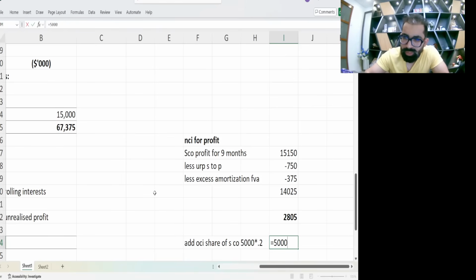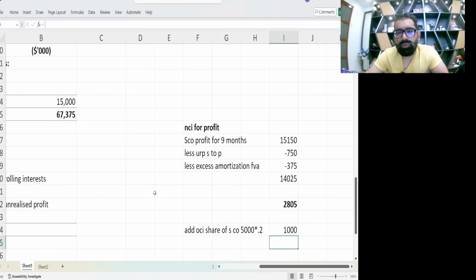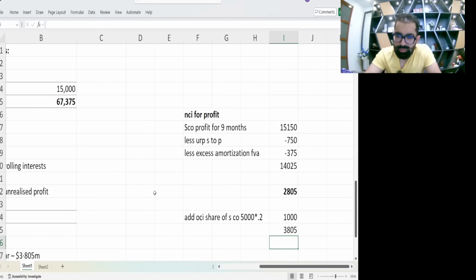As a student, you may ask, sir, you are not going to apportion it by 9 months? No, it is a one-off event. So if I add this profit and this OCI, this is NCI for total comprehensive income.